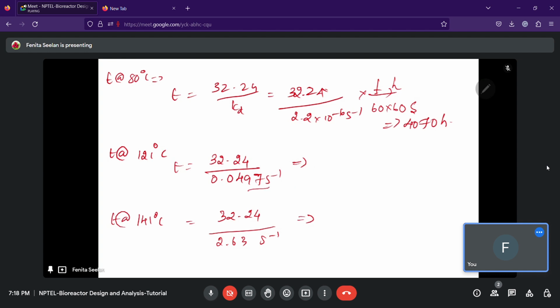The answer is 32.24 divided by 0.04975, which is actually 648.04 seconds. Or you can divide this by 60 to convert to minutes.